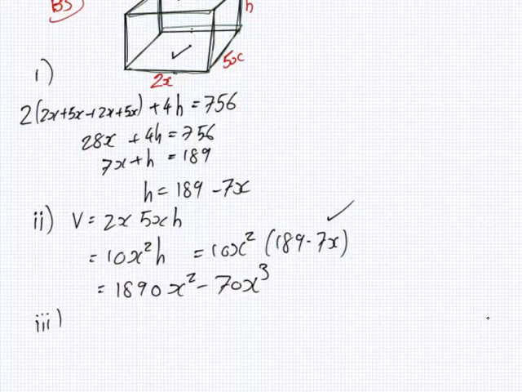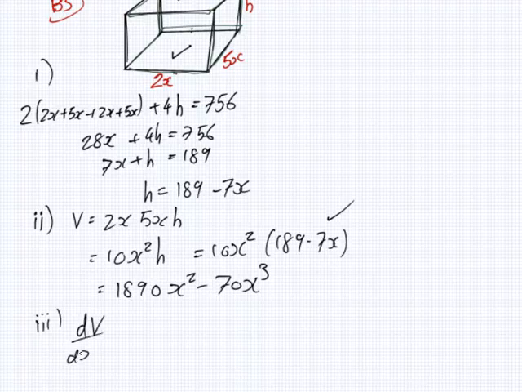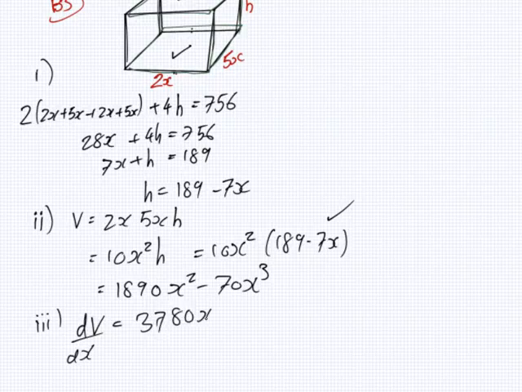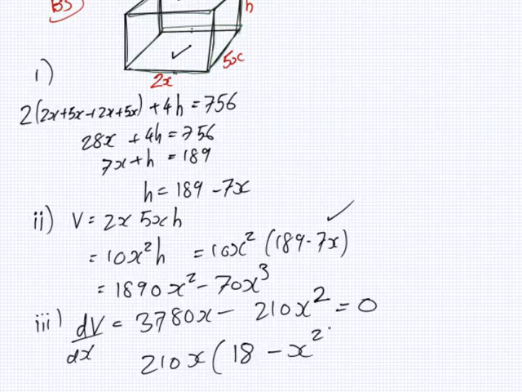Find the x for maximum volume. So how do I do that? Derivative, isn't it? 3780x minus 210x squared equals 0. So if I take 210x out, I'm left with 18 minus x squared equals 0.